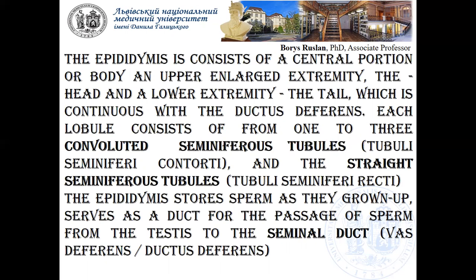Each lobe consists of from 1 to 3 convoluted seminiferous tubules and the straight seminiferous tubules, tubuli recti. The epididymis stores sperm as they mature and serves as a duct for the passage of sperm from the testes to the seminal duct, or ductus deferens.